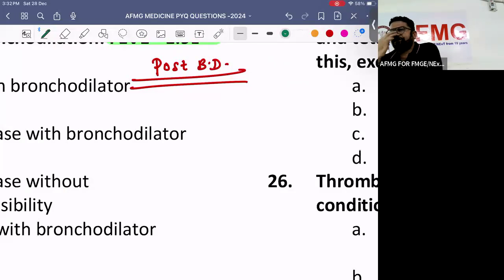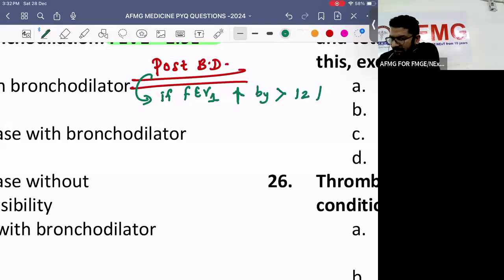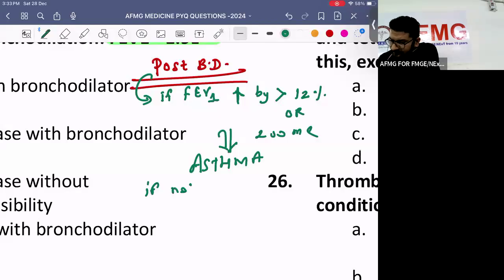After nebulization, what I told, if FEV1 increases by how much? More than 12% or 200 ml. अगर बढ़ गया, then what it is? Then it is asthma. If not, then it is COPD. Right?